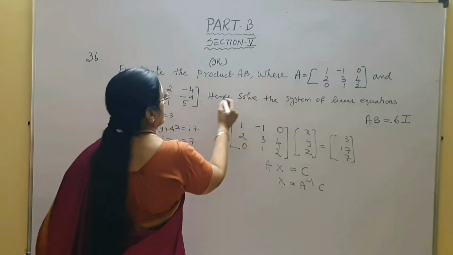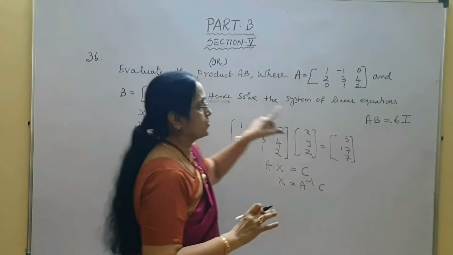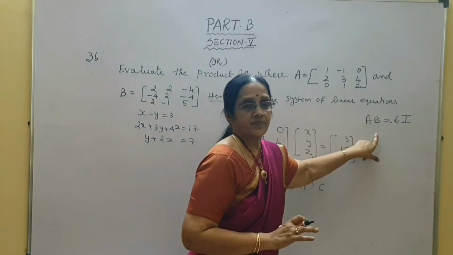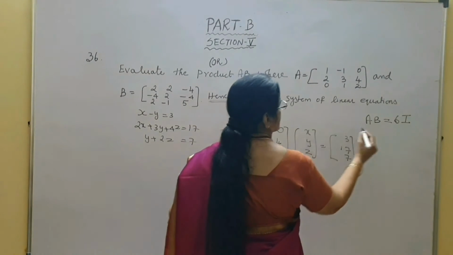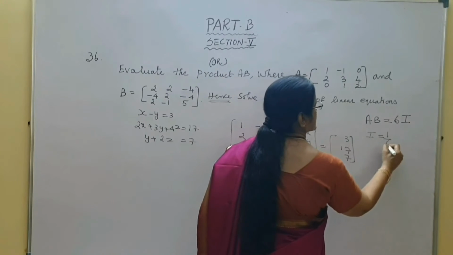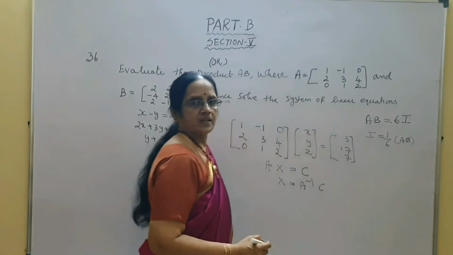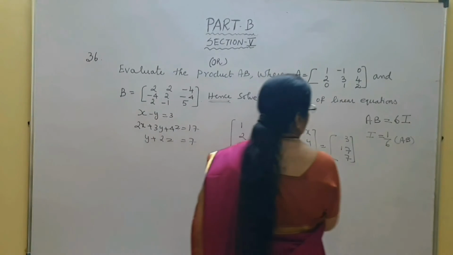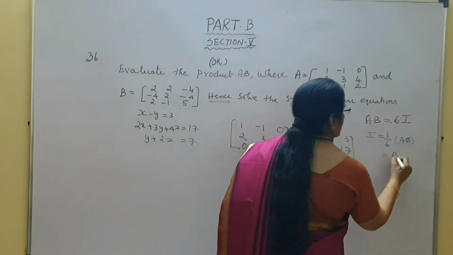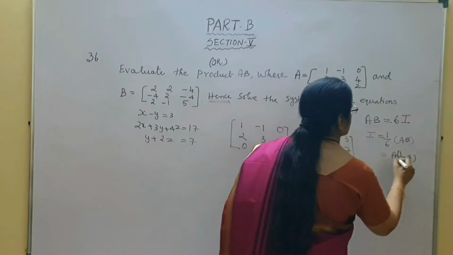Because see the word here hence. That means I need to use this product. I can write this as I is equal to 1 by 6 of AB. Or in other words, this is A into 1 by 6 of B. I can write it like this.